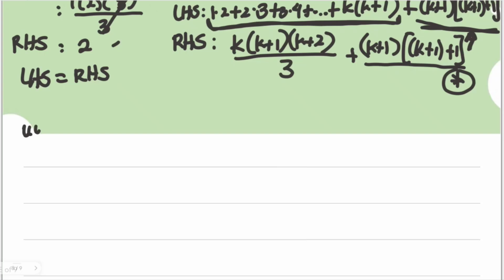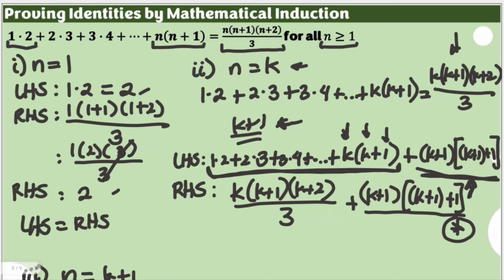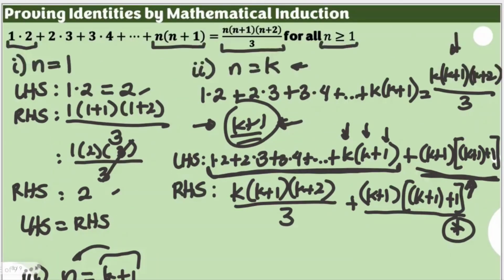The third step now is when n is equal to k plus 1. Our first step is n is equal to 1. Second step is assuming n is equal to k. And this time is n equals k plus 1, which is different to this because we're adding a new integer here. Here, we just simply need to substitute k plus 1 to your n on our right-hand side definition.